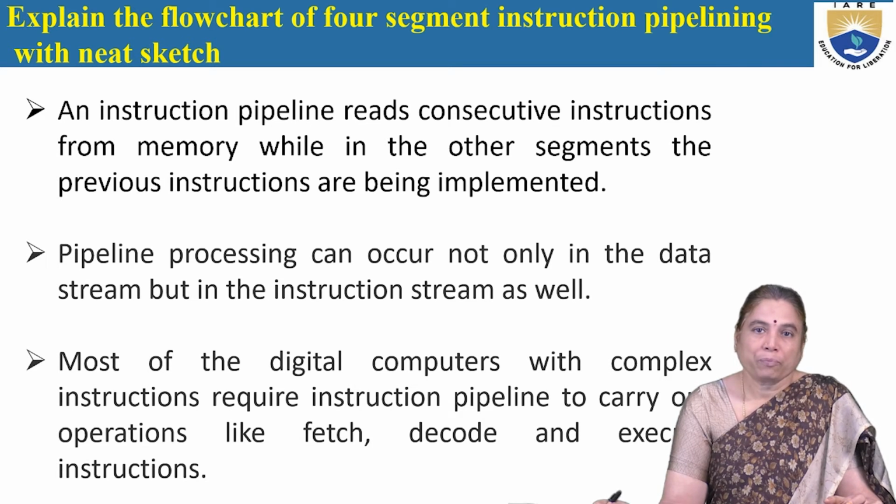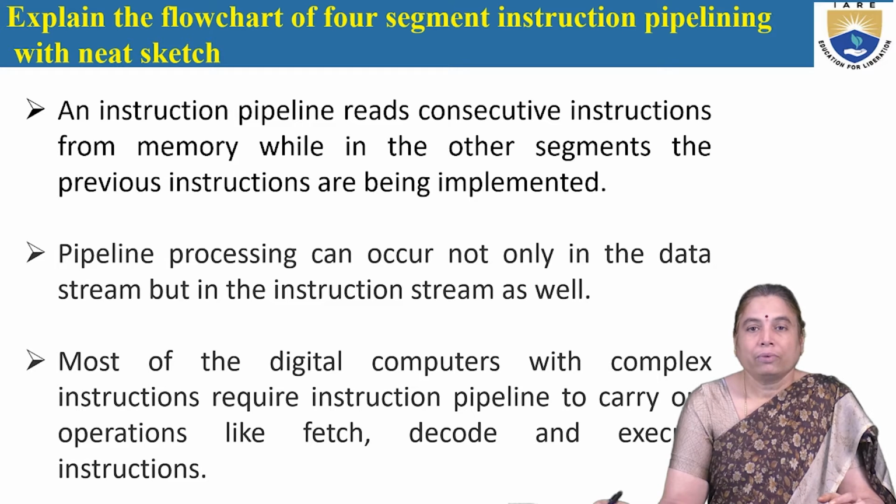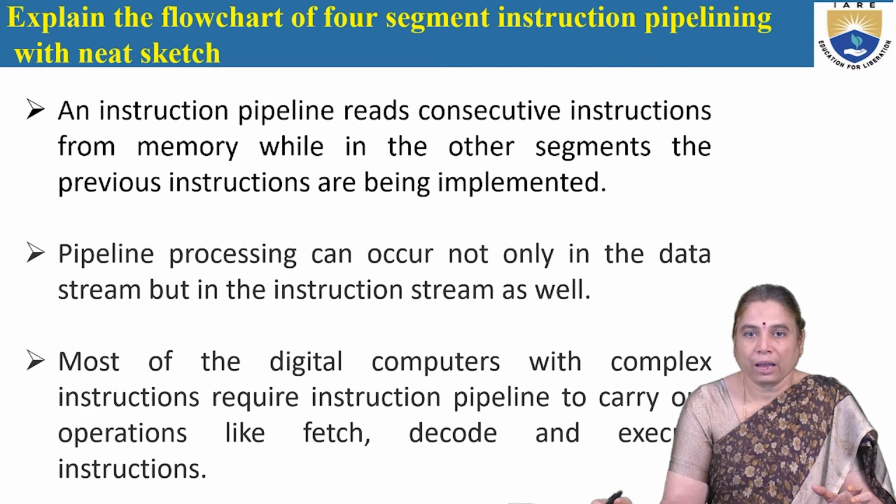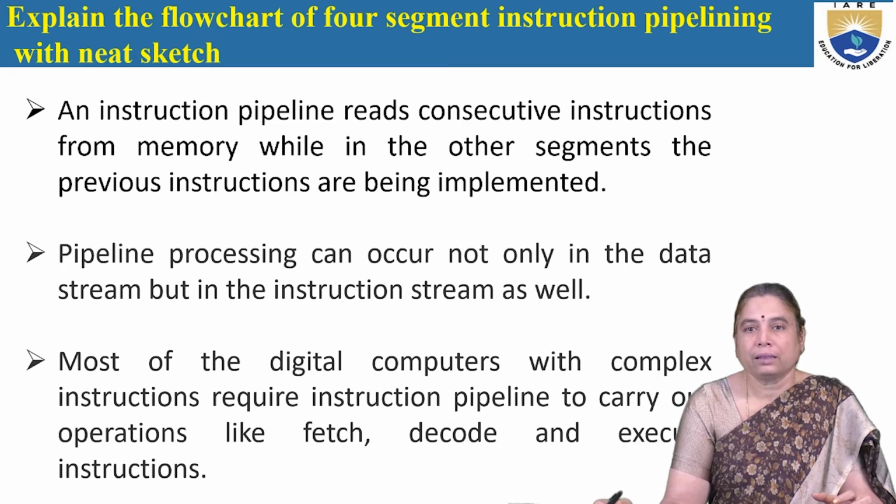So 2 types of pipelines are available. One is the arithmetic pipeline, the second one is the instruction pipeline. How the instruction cycle steps can be executed in an overlapped fashion to support parallelism is discussed in the instruction pipeline concept.